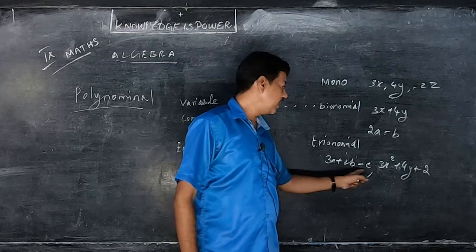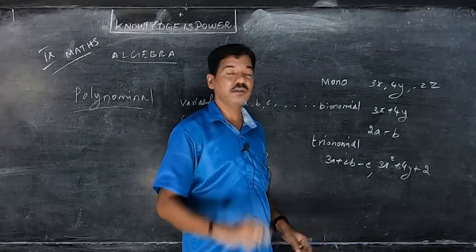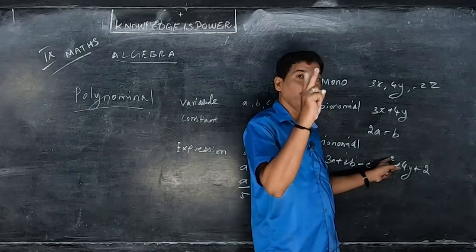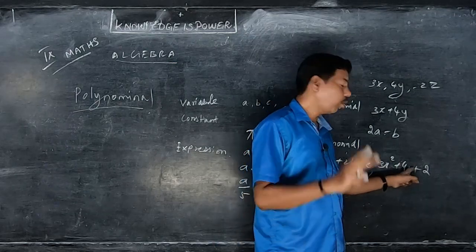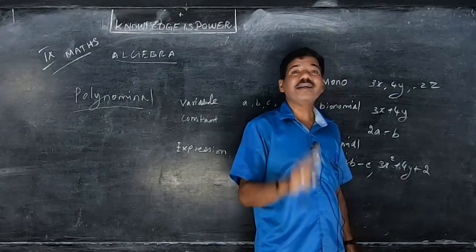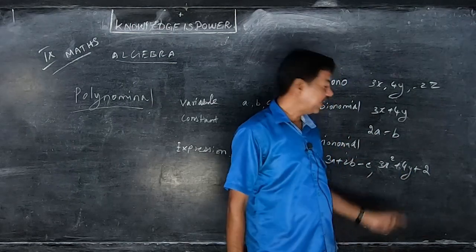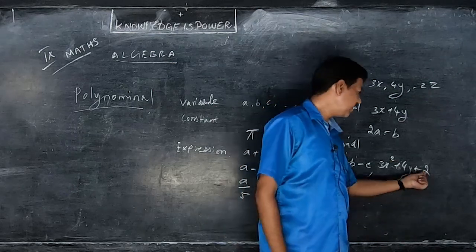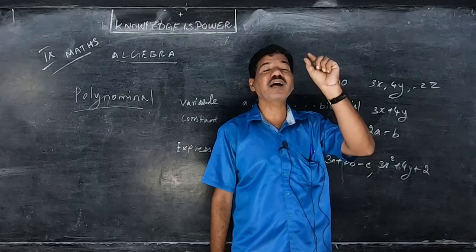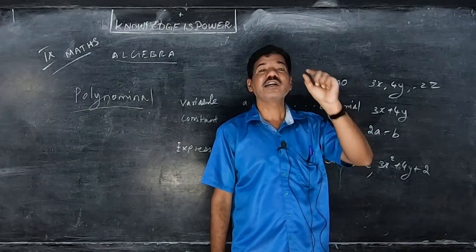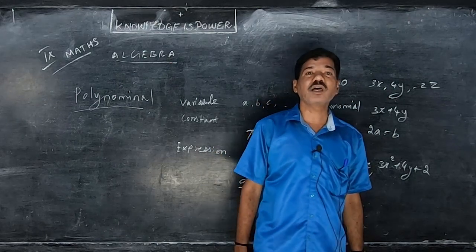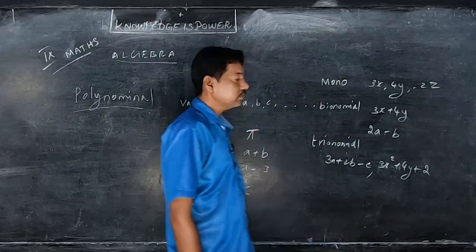So the degree of this is 1. இதுக்கு பார், x க்கு மேலே 2, y க்கு மேலே 1. So the degree of the polynomial is 2. எது அதிகமாக இருக்கோ அதுதான் degree of the polynomial.